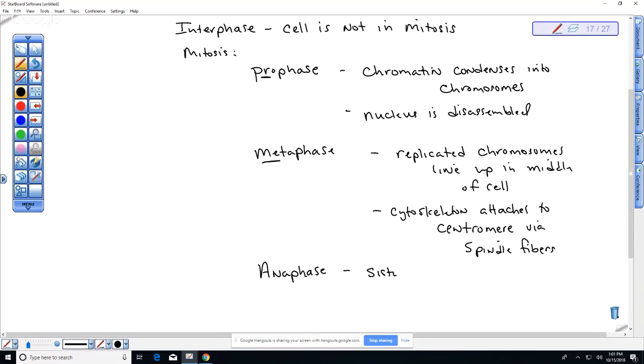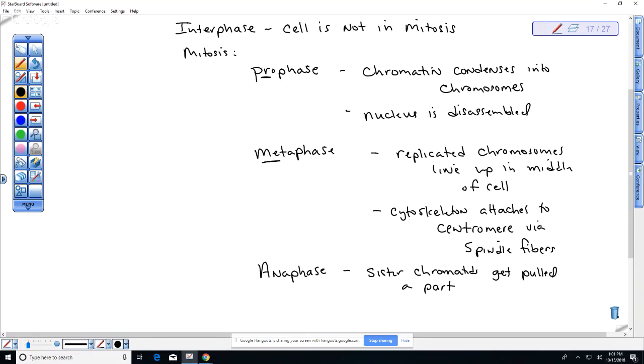So the sister chromatids get pulled apart by the cytoskeleton elements. They get pulled to opposite ends of the cell.